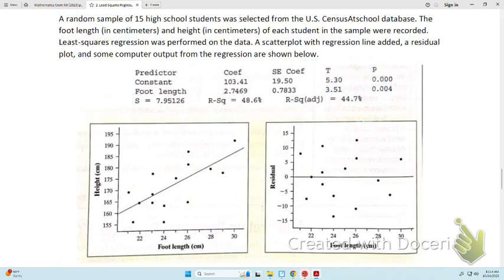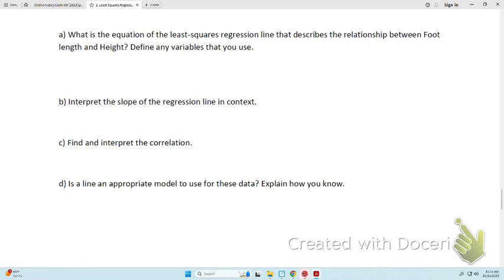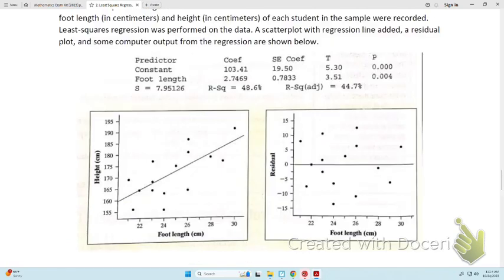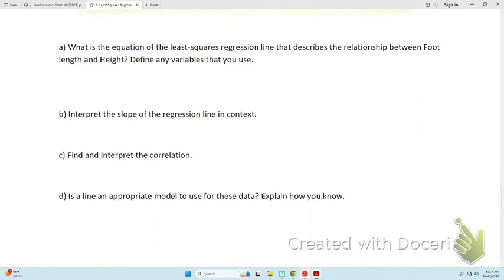So in this problem, they ask us to write the least square regression equation and define our variables. So based on this table up here, if you need to hit pause or take a picture of it and then work the problem, go for it. But the way that you should write it is height hat, because this is the predicted height, equals y-intercept, plus the slope.